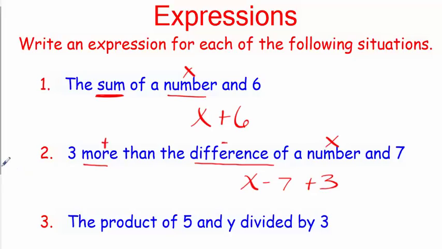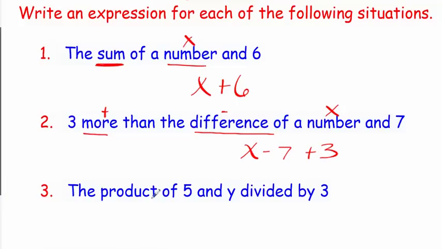And then the next one, the product of 5 and y, divided by 3. The product is 5 times y, and then I'm going to divide by 3. It wouldn't make sense to put dividing by 3 at the front.